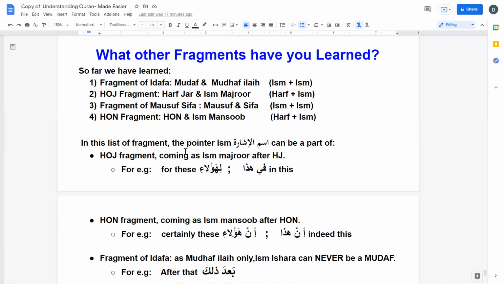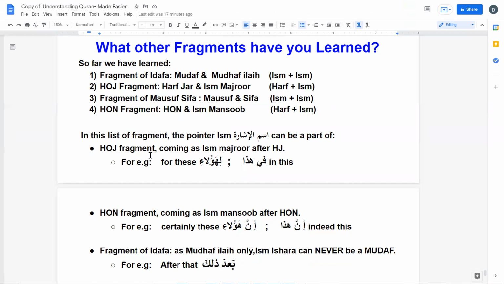We know a harf of jar fragment is a combination of harf of jar and ism majroor. So ism ishara can take jar status. It is a fixed ism, non-flexible, but it can be in jar status, though apparently it looks the same. So yes, pointer ism can come in the harf of jar fragment.